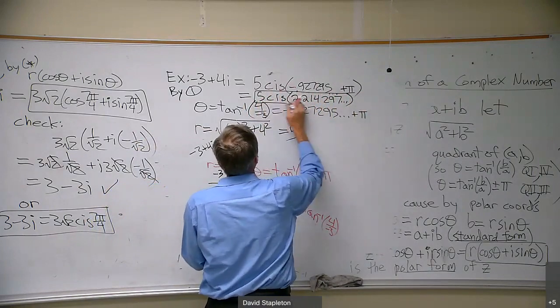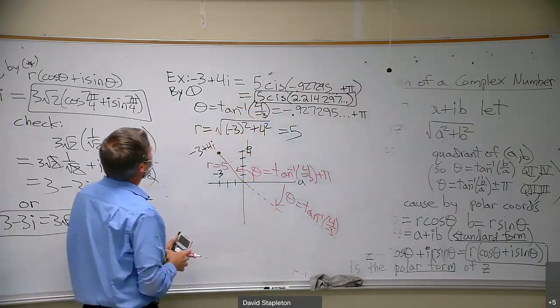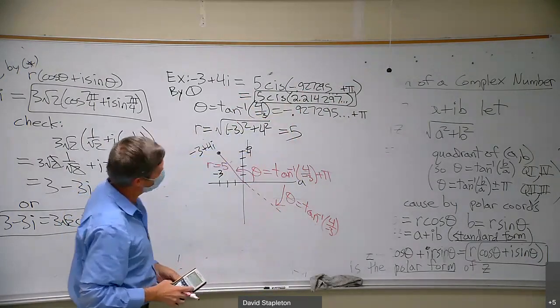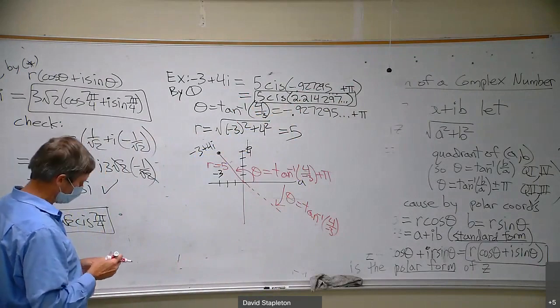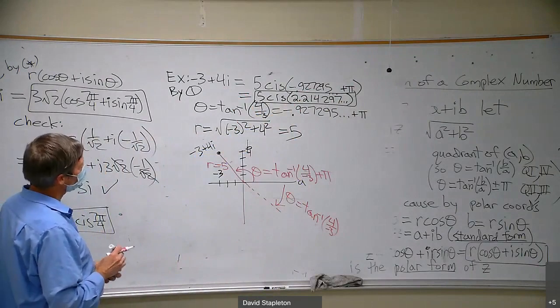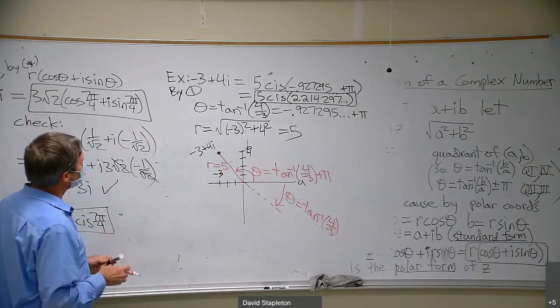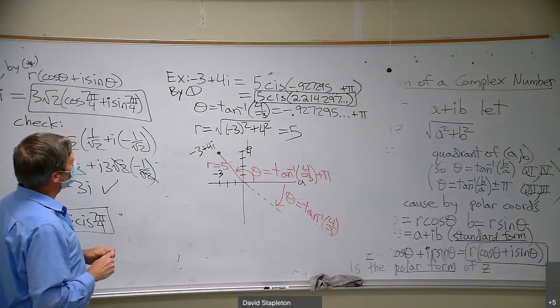Here is the polar representation of this number. Because it didn't come out a special angle, we just have to leave this as a messy decimal, or just leave it as arctangent plus pi if you prefer. So therein is the polar form of this complex number.